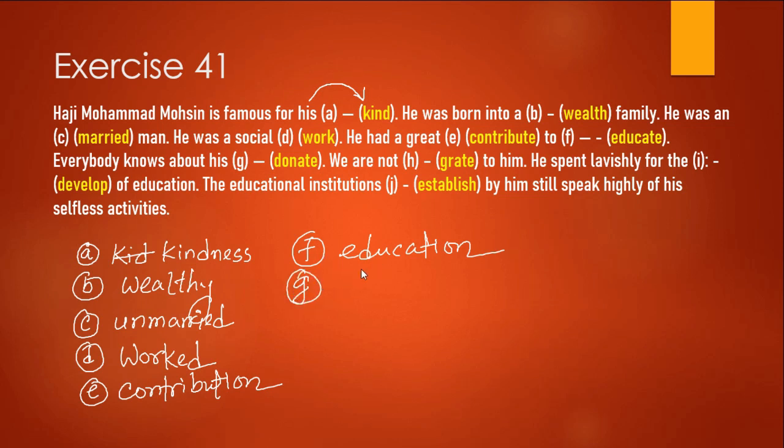Again the same rule, his donation. Possessive form, then noun. Okay, donation. Then number G, H. We are not ungrateful. We are not ungrateful to him.